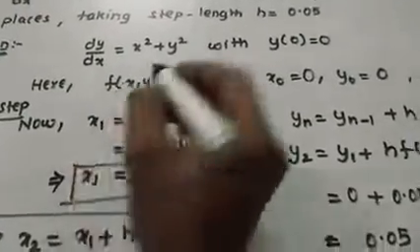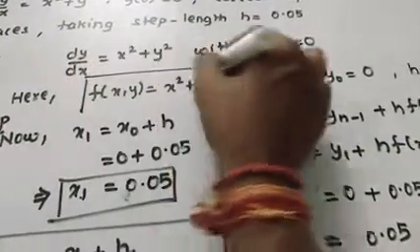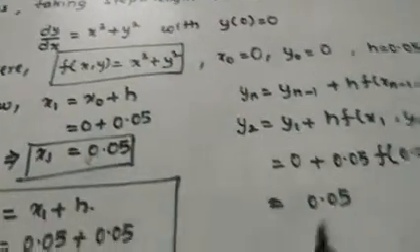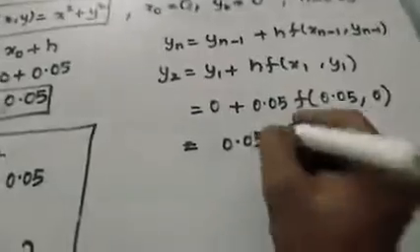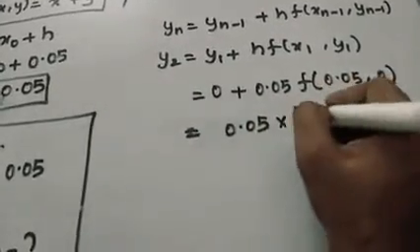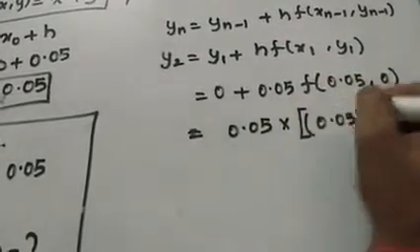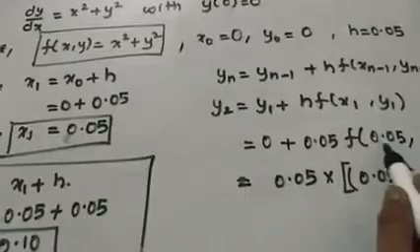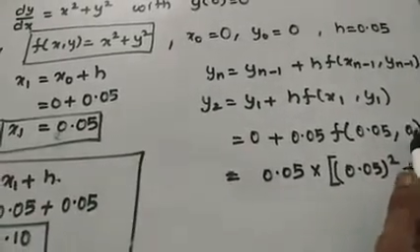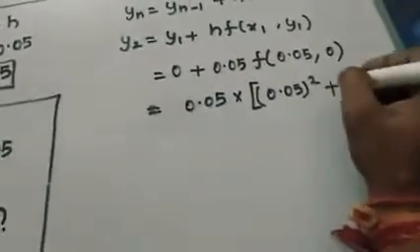f of x comma y is given to you. What is the x here? 0.05. Put it here, that is 0.05 whole square, plus, putting in this function, what is the y here? 0. That means 0 square.